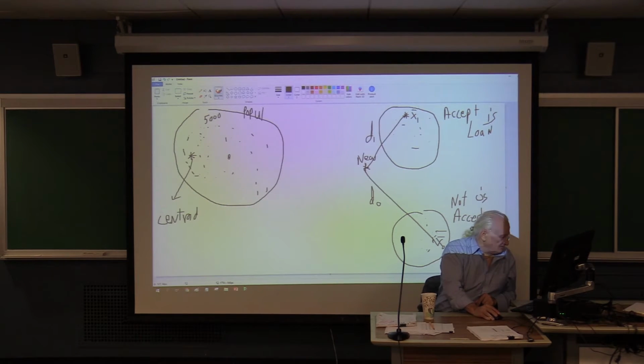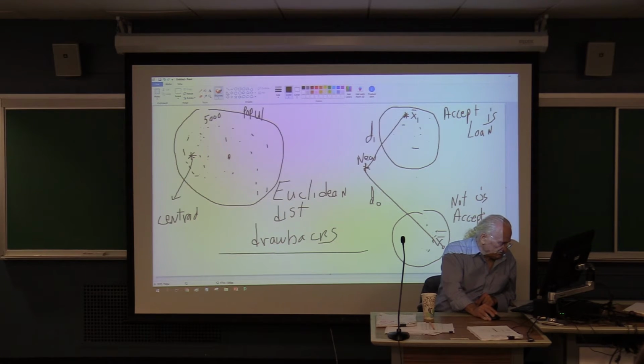Now, the Euclidean distance has some drawbacks. It does not look at the covariance and correlation.